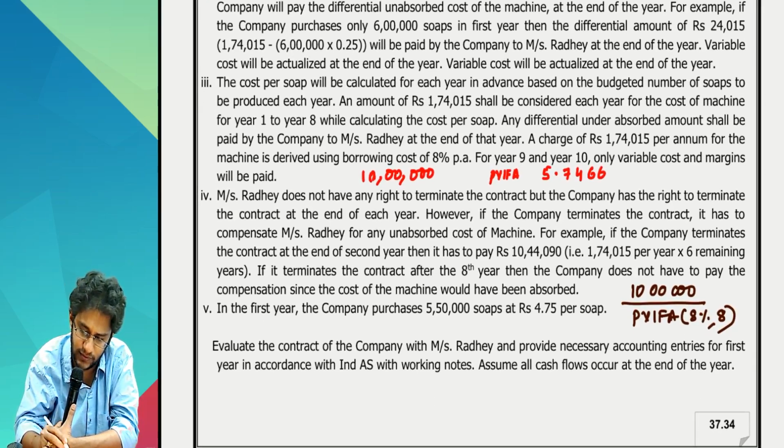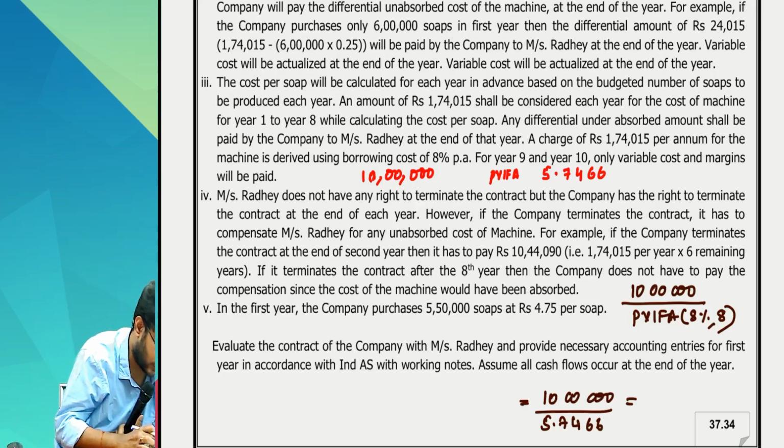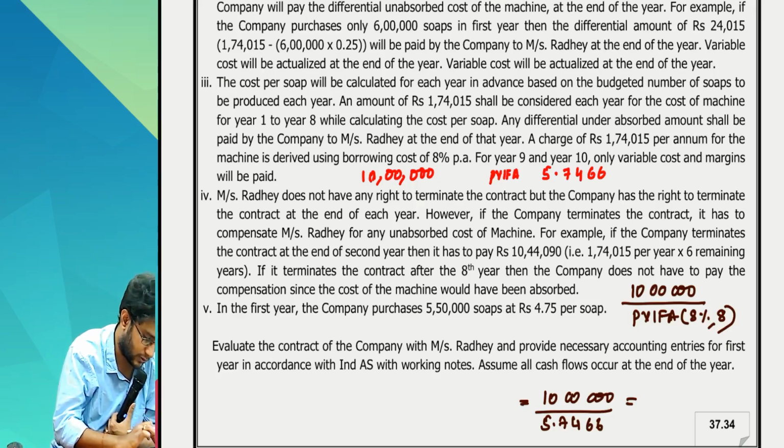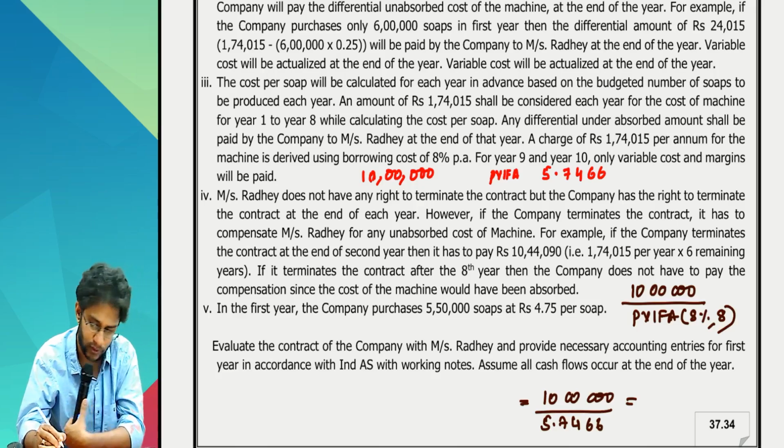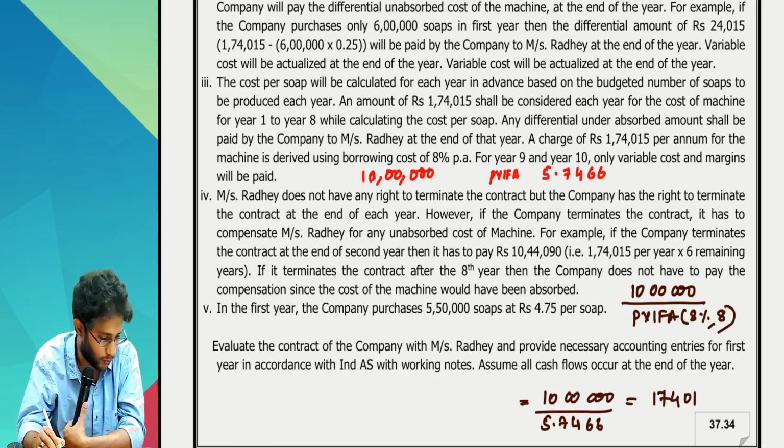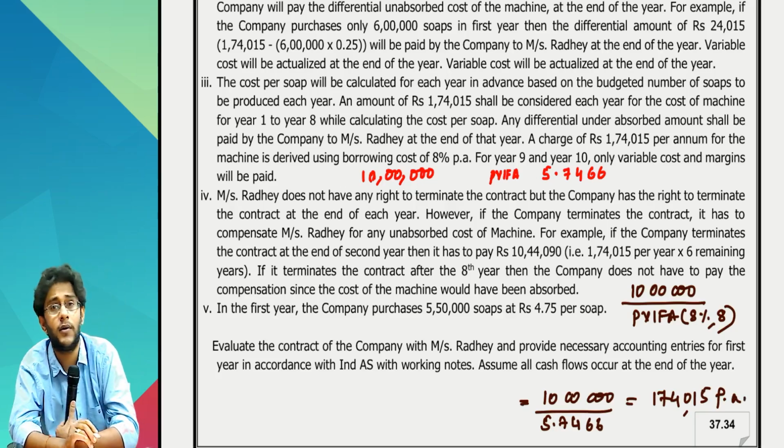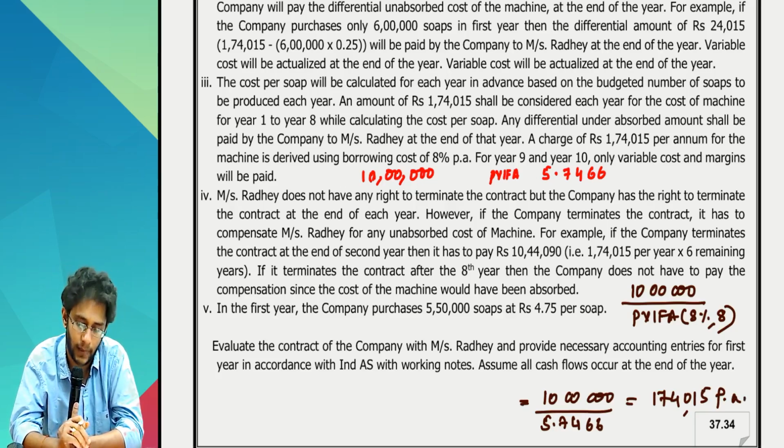If you work out this, 10 lakhs divided by, I already worked out 5.7466. So that should be equal to this number, whatever we have worked out. So 10 lakhs divided by 5.7466 is 174,015.94. So this is how he has gotten that.